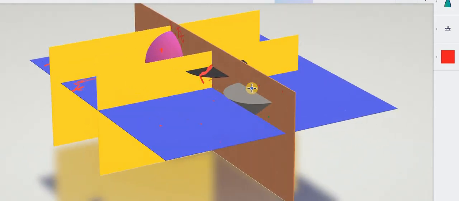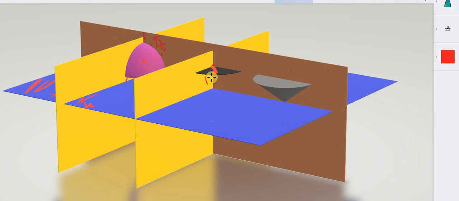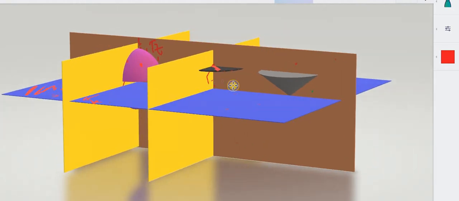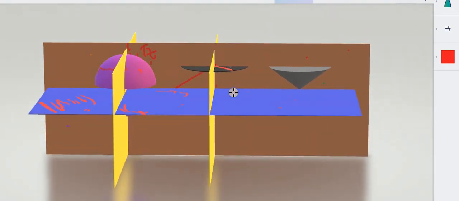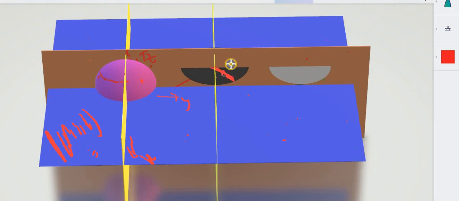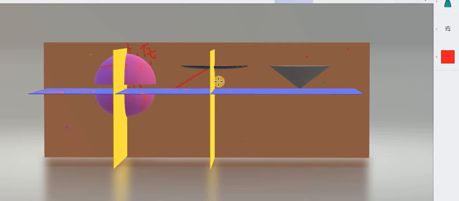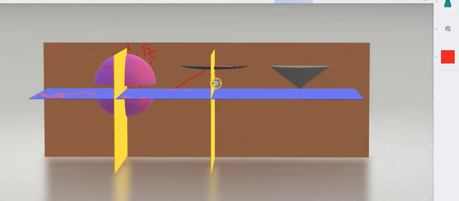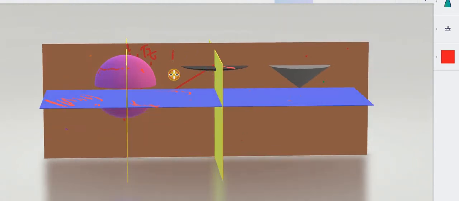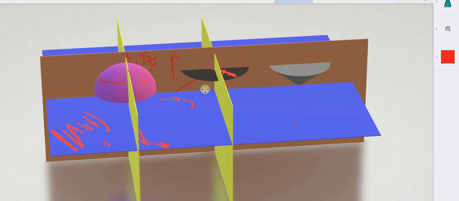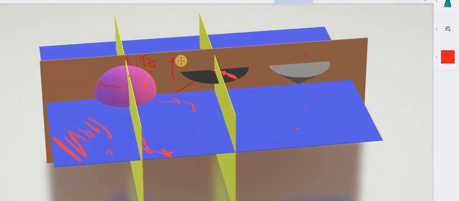So we can get one component along the base, acting in this direction: a r cos theta.